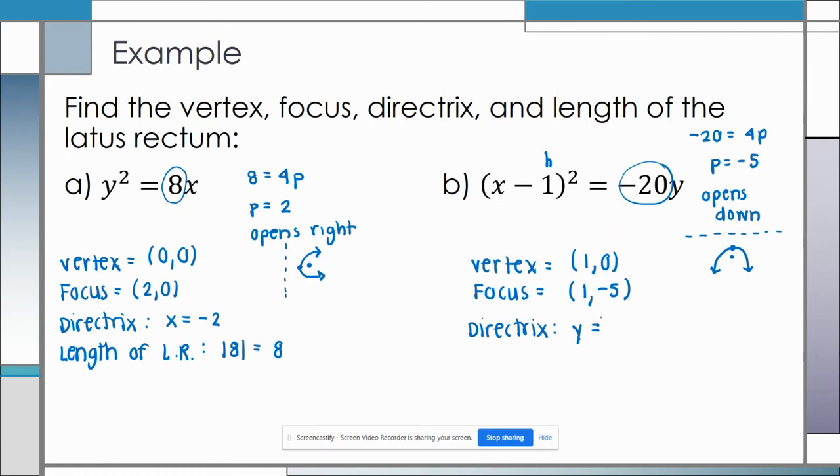So 0 plus 5 tells us that y equals 5 is the directrix. And then the length of the latus rectum is going to be, once again, the absolute value of the 4p value. So the absolute value of negative 20 gives us a length of 20.